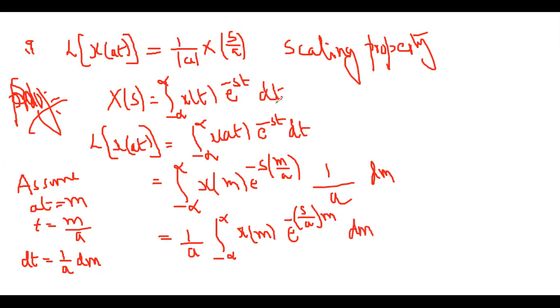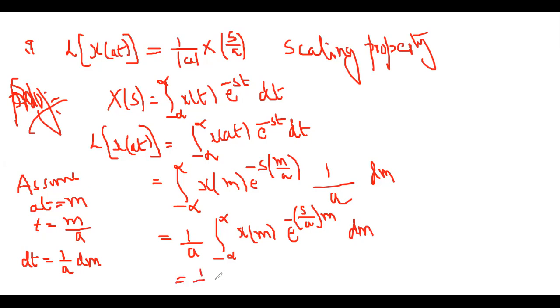Now observe the definition of the Laplace transformation: here we have x of m and e power minus s times m dm, but instead of s it is s by a, and t is replaced with the dummy variable m. If it is e power minus st, the Laplace transformation is x of s; instead of s, it is s by a.